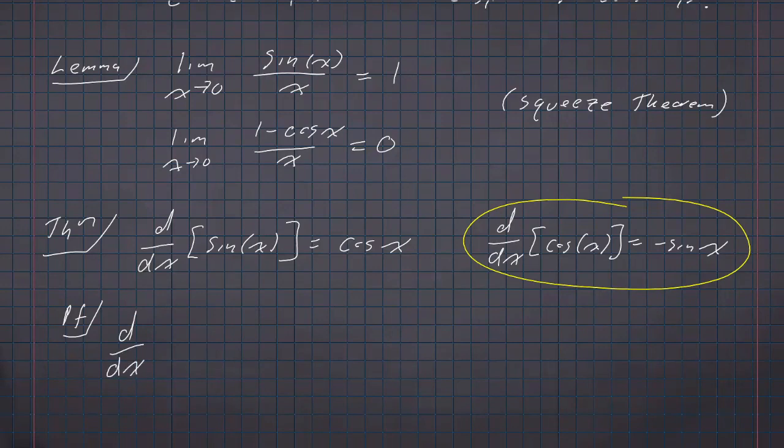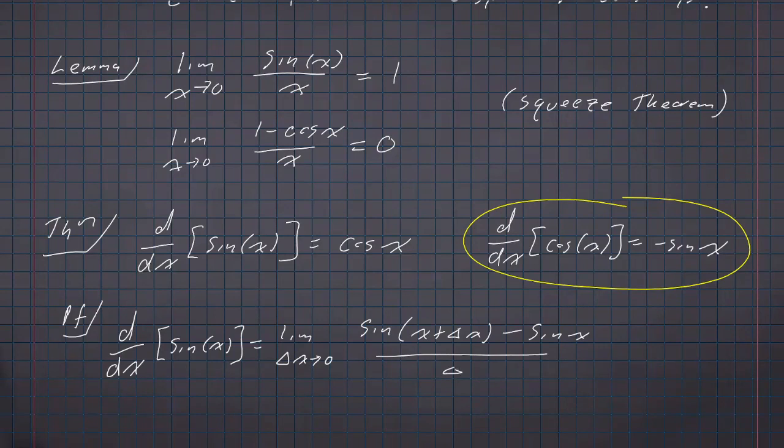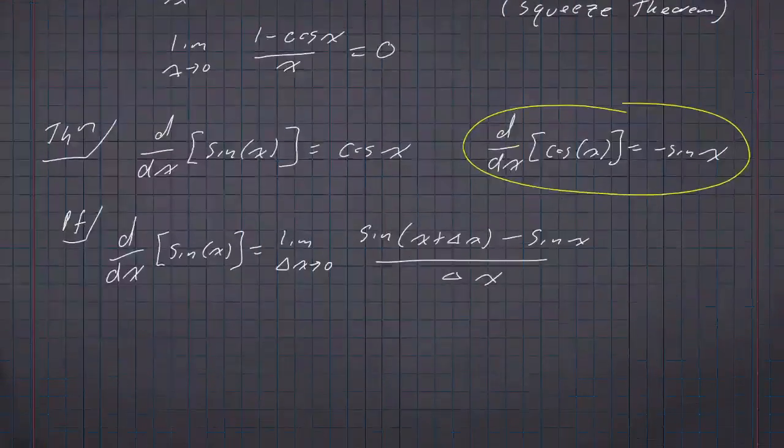But the derivative of sine of x is, by definition, the limit as delta x goes to 0 of the sine of x plus delta x minus the sine of x all over delta x.